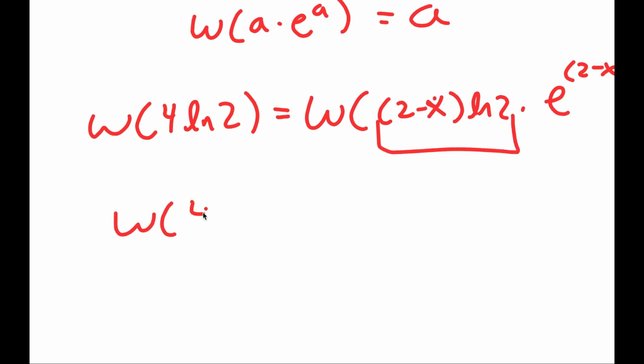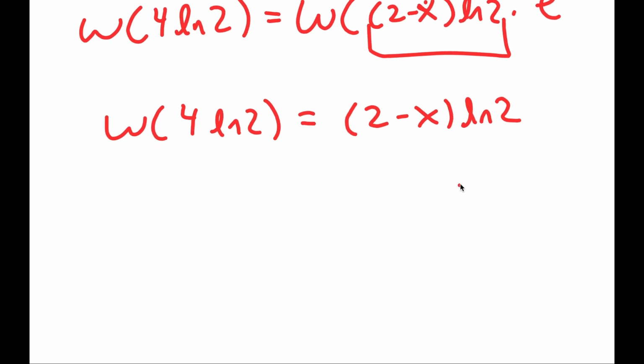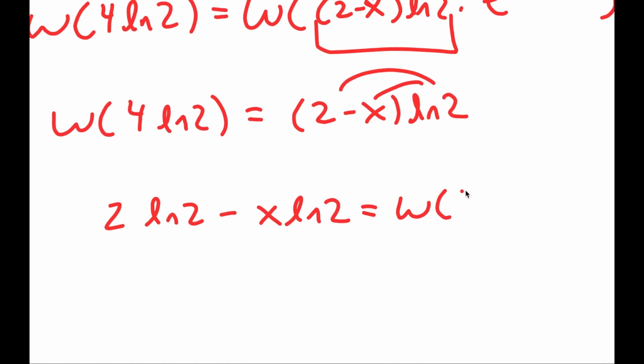So I get W of 4 times ln 2 is equal to 2 minus x times ln 2. And if I distribute ln 2 here, I get 2 times ln 2 minus x times ln 2 is equal to the W of 4 times ln 2.